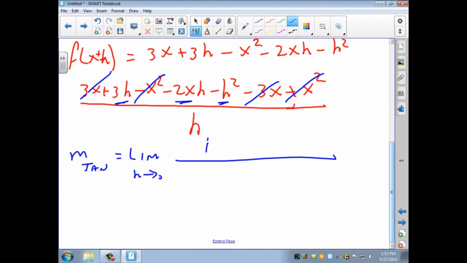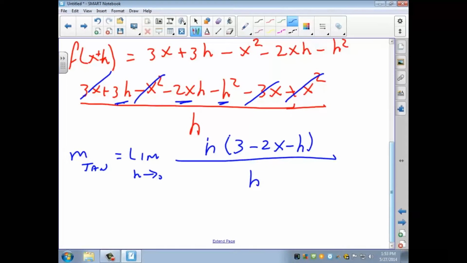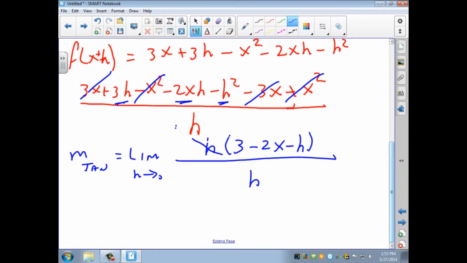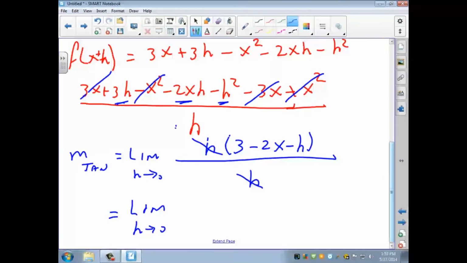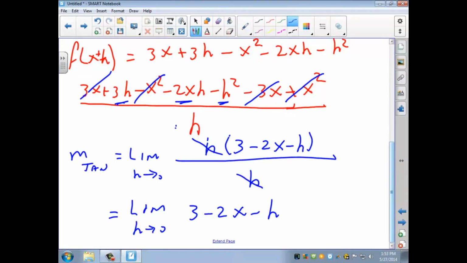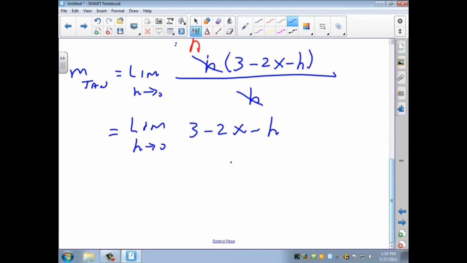Let's factor out h out of there. So it would be 3 minus 2x minus h, divided by h. Don't forget that it's divided by h. Now this h and this h would cancel before you take the limit. So now basically you're taking the limit as h goes to 0 of 3 minus 2x minus h. And that would give you the slope of a tangent line.